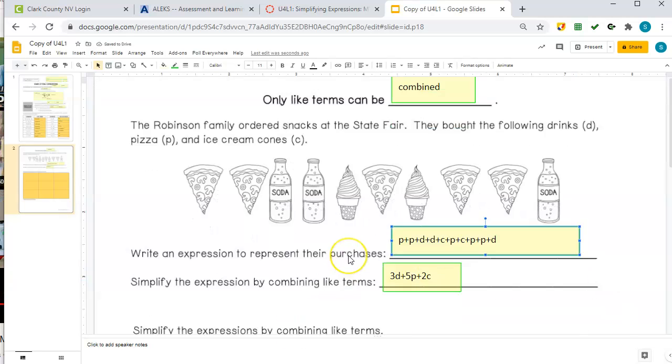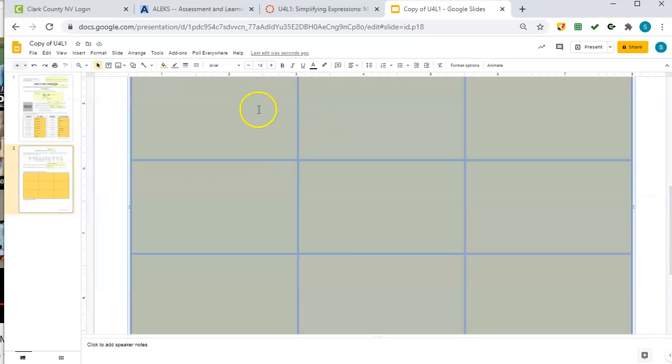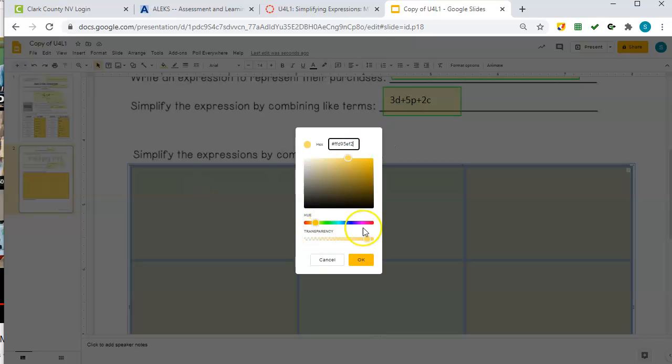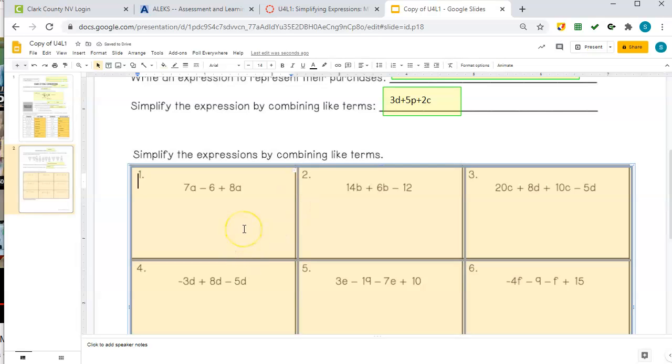Now, what we're going to do here is simplify each one of the expressions in here. They're covered up though, so let me fix that. Let me add a new custom color. Let's make it transparent so we can actually see what's behind there. There we go. That's a little bit better.